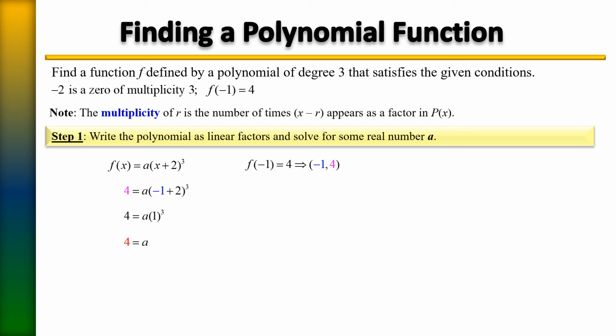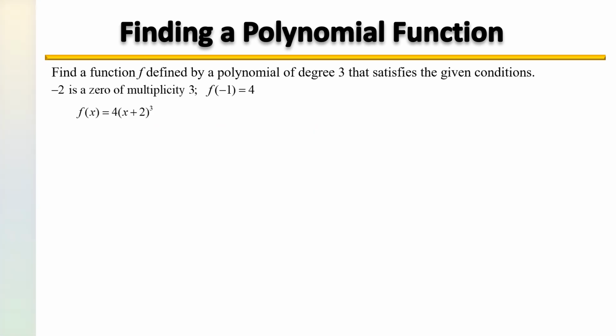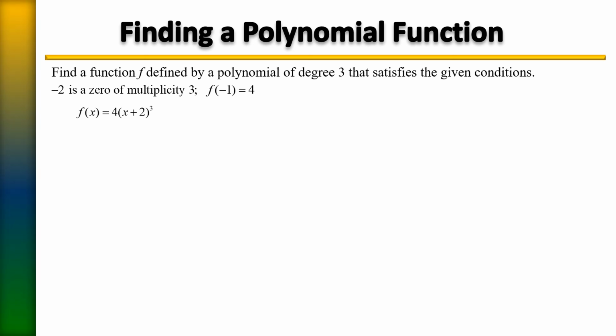So when you put everything together and write your equation, what you'll have is 4 times x plus 2 raised to the third power, and that is your polynomial function.